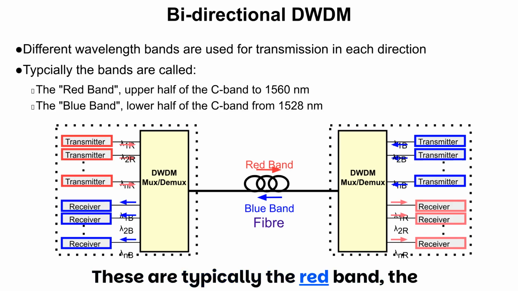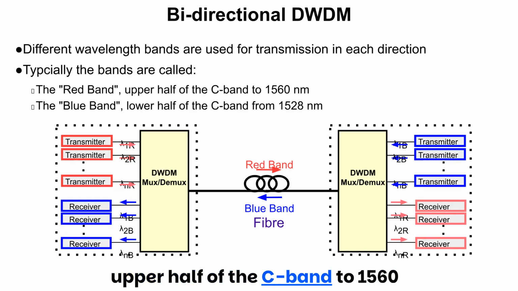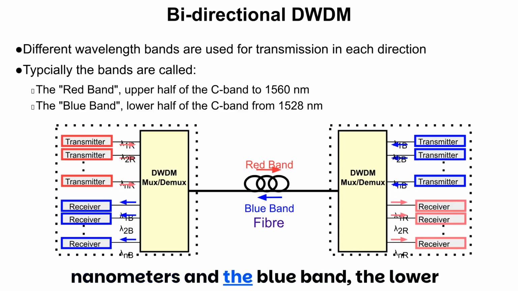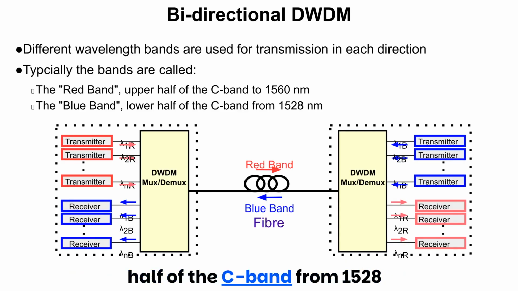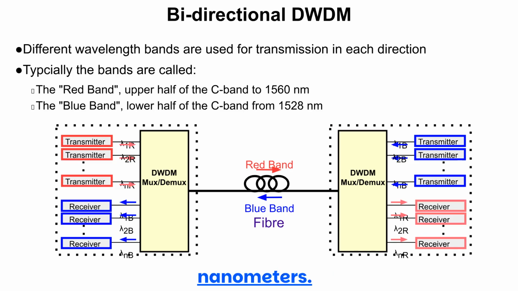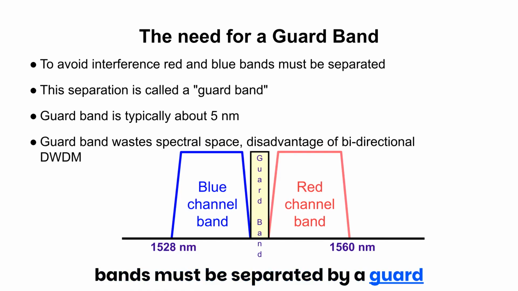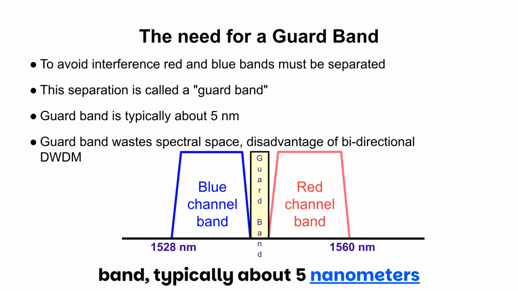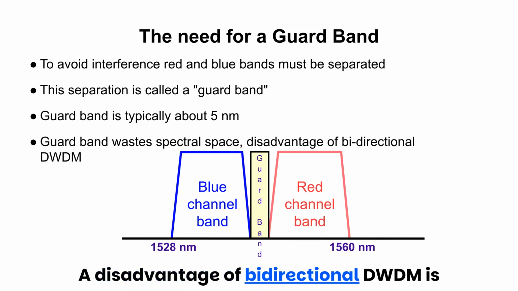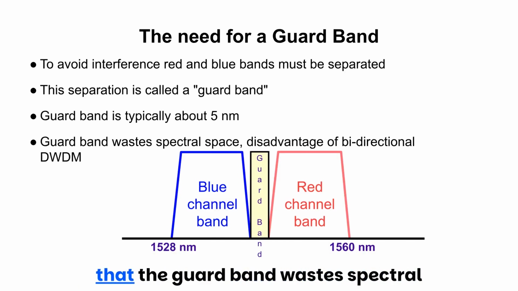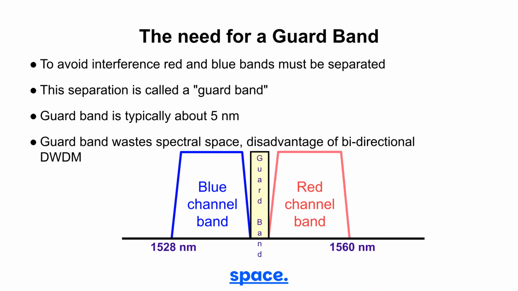These are typically the red band, the upper half of the C band to 1560 nanometers, and the blue band, the lower half of the C band from 1528 nanometers. To avoid interference, the red and blue bands must be separated by a guard band, typically about 5 nanometers wide. A disadvantage of bidirectional DWDM is that the guard band wastes spectral space.